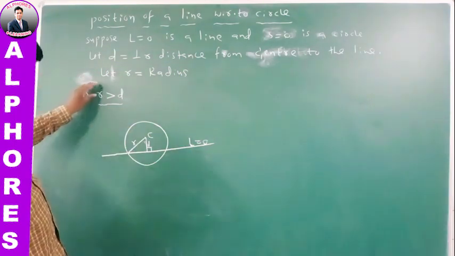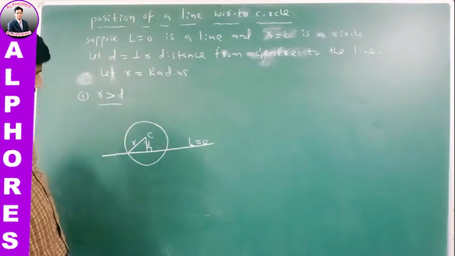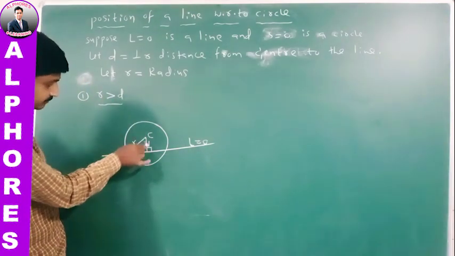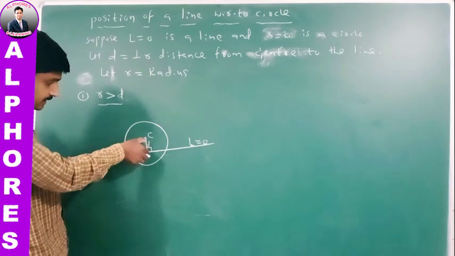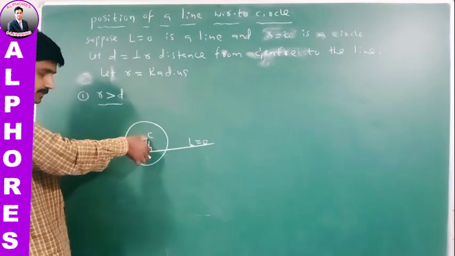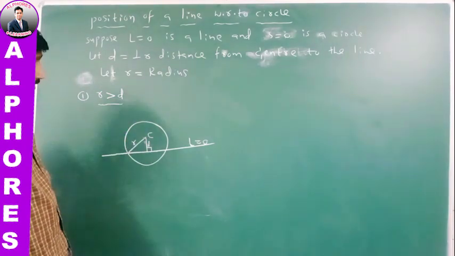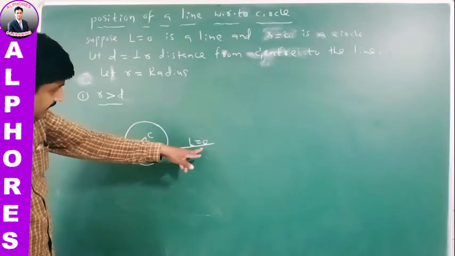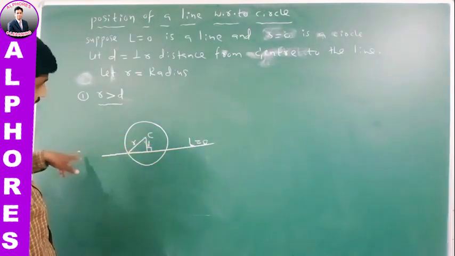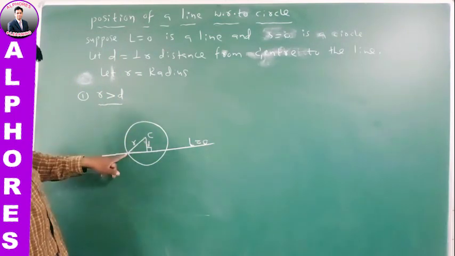Here, if R is greater than D, like this diagram, observe this length and this length. In this case, we say that the line L equals 0 intersects the circle in 2 points.